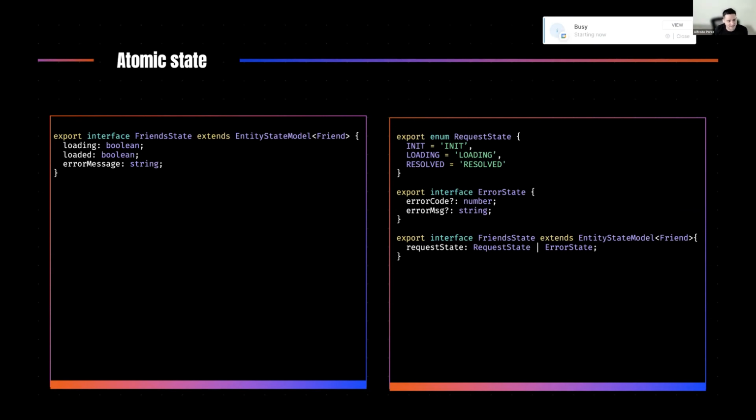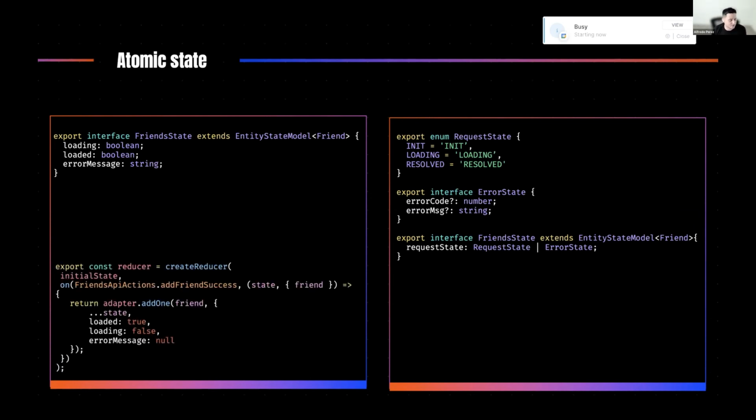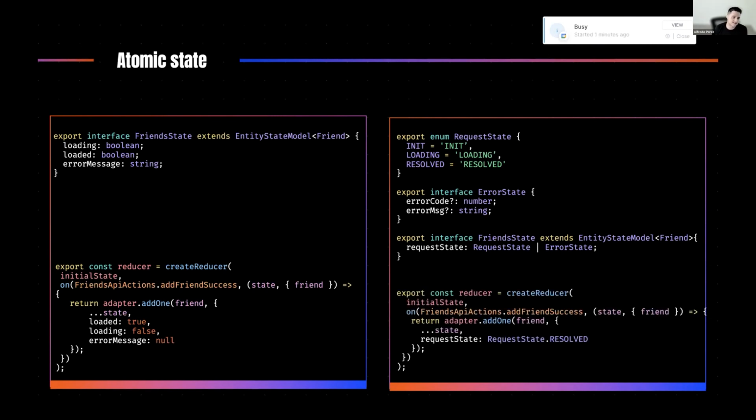And this property in this case is called request state. So whenever we use it in the reducer, instead of having to keep track of loaded and all these properties, now we just set the request state to the state that we want. Like in this case, we just added a friend, so we can set the request state to resolved.